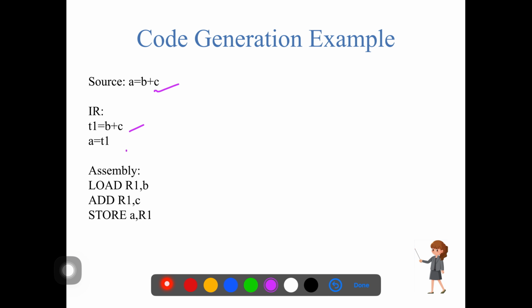Add R1 comma C, which adds the value of C to register R1. Store A comma R1 stores the result from R1 into the variable A. Finally, the processor executes the machine instructions. Let's move to the next slide.